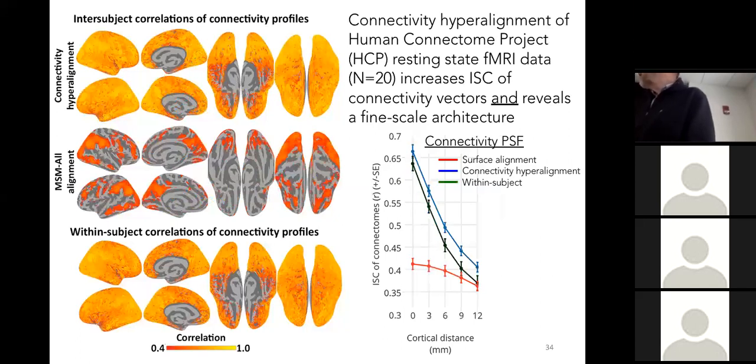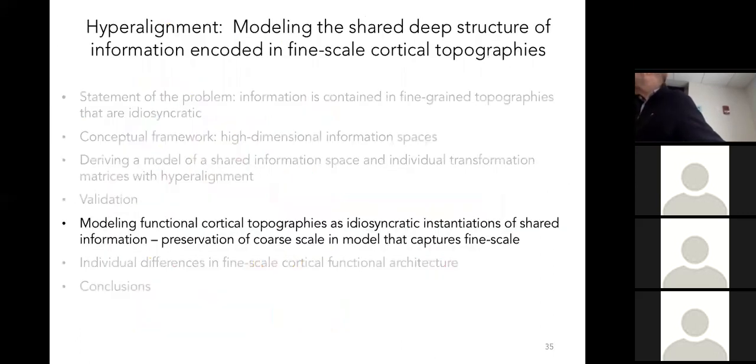So you can see that the within subject data shows the same fine-grained variation in connectivity with about the same shape as the between subject after hyperalignment. So we seem to be capturing as much variation in fine-scale connectivity as exists in individual brains. And now we're modeling it in a common space. So that shows you that it works.